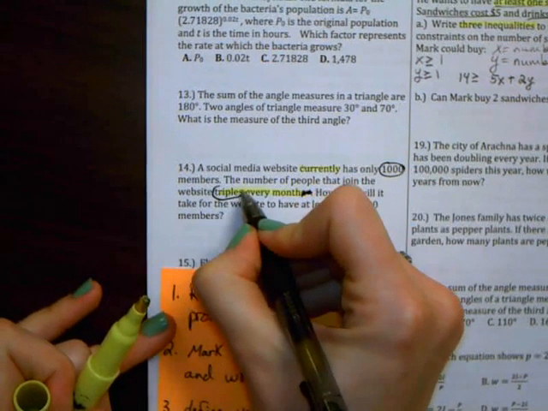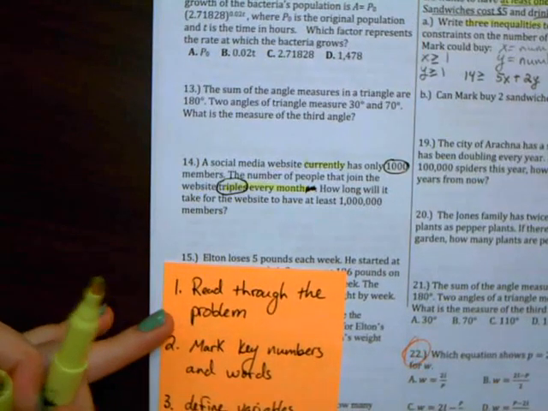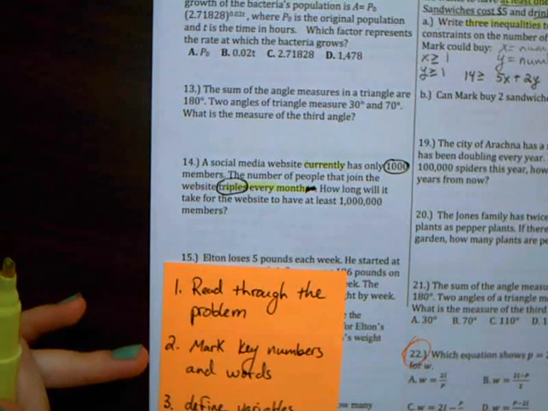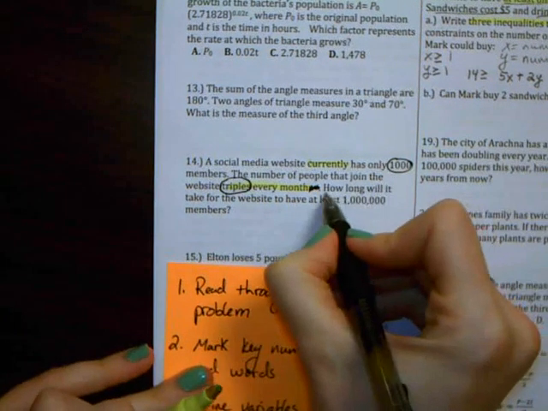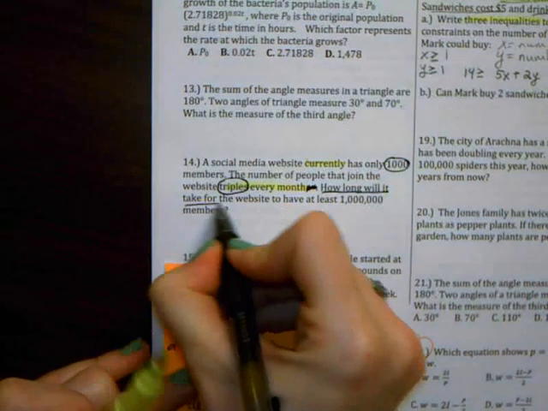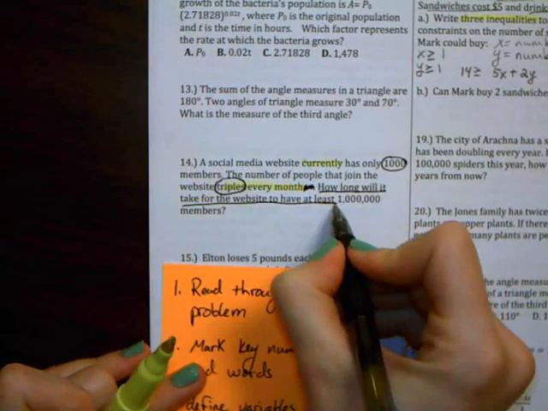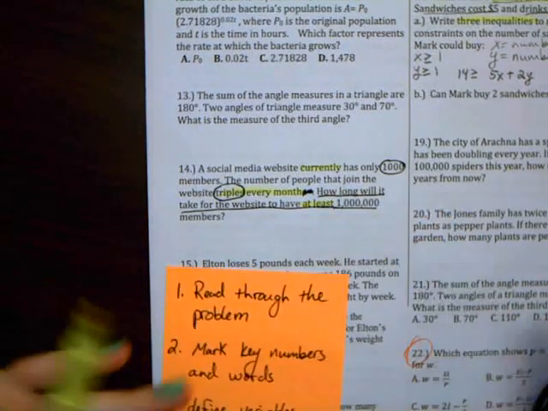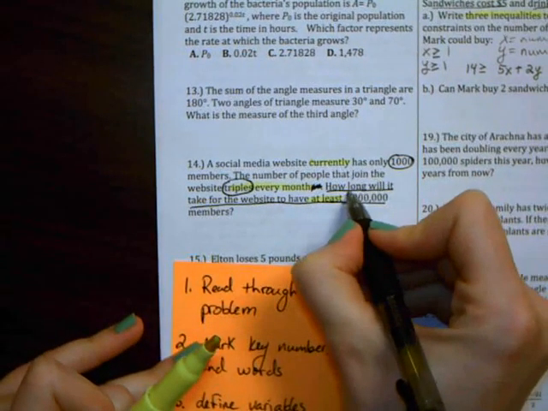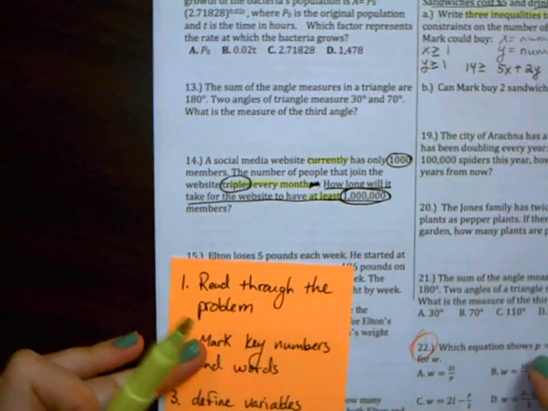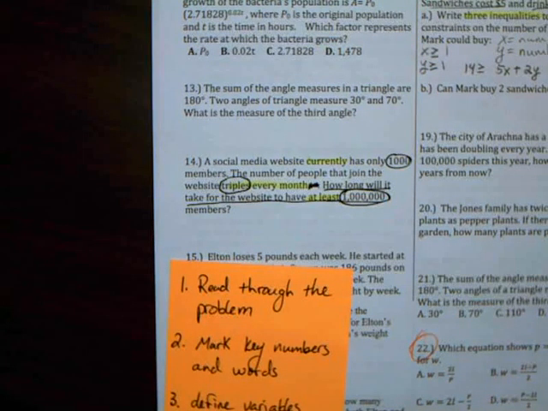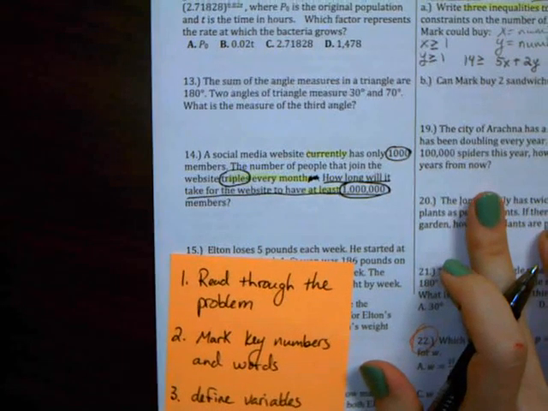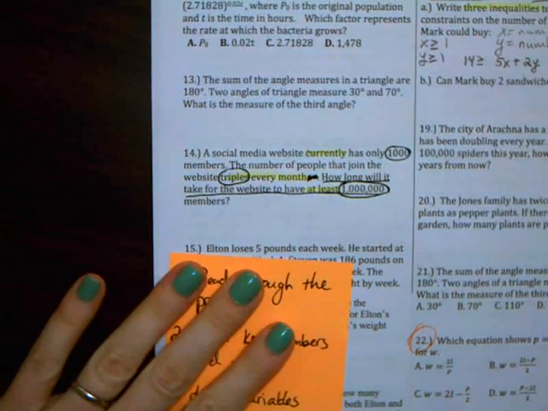That word triples indicates that it is being multiplied by 3 every month. And what they're asking, and this is important, how long will it take for the website to have at least 1 million members? That's our question. So that at least is important because that tells us what kind of inequality or equal sign we're going to have. And then the million is our goal.